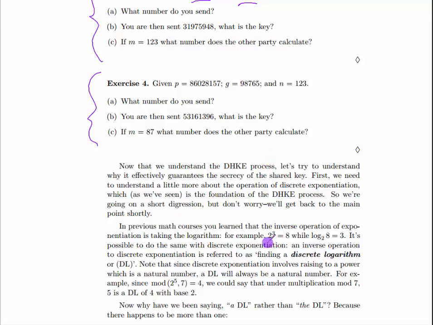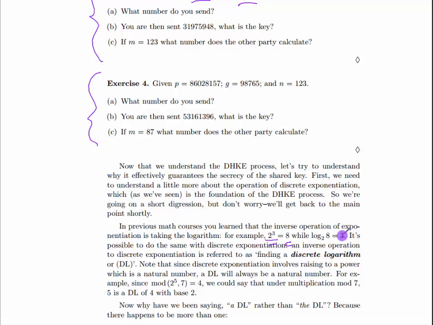For instance, if you take 2 to the third equals 8, if I want to recover the 3 from the 8 and the 2, I have to take the logarithm. Right? If I know 2 to the third is equal to 8, I can get 3 back by taking the log base 2 of 8, and that gives me 3. All right, so you can review your logarithms here. Log base 2 of 2 to the third is equal to 3. Okay, so that gives you the 3 back again.